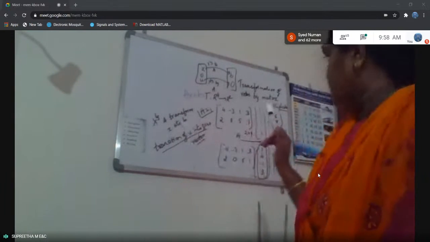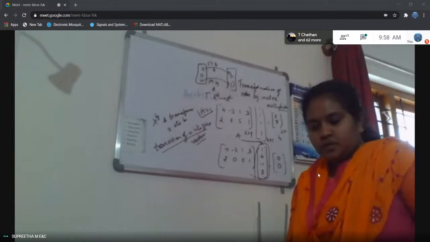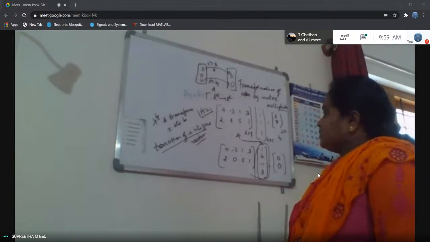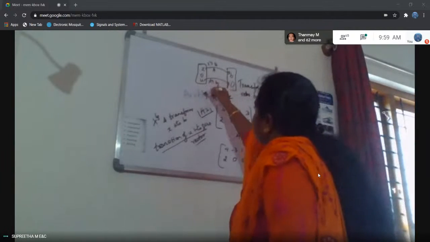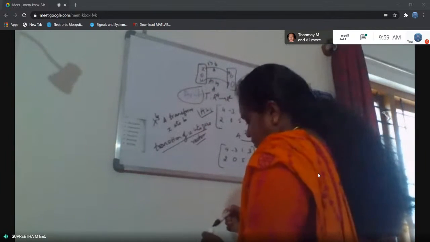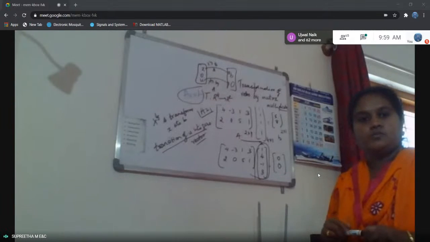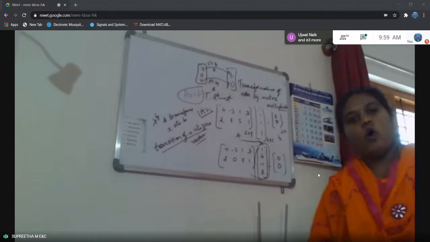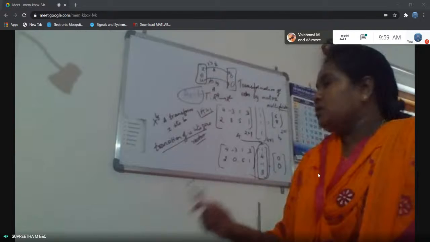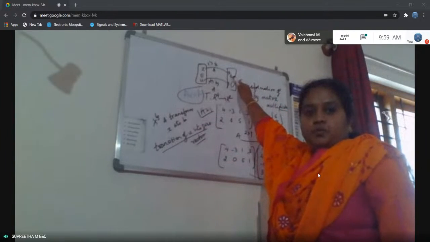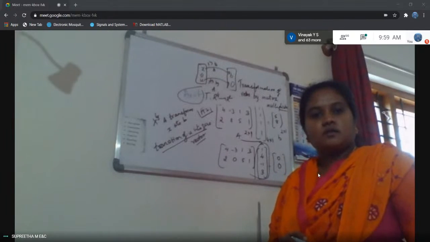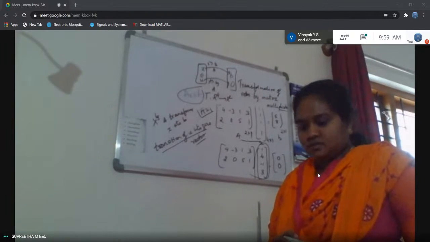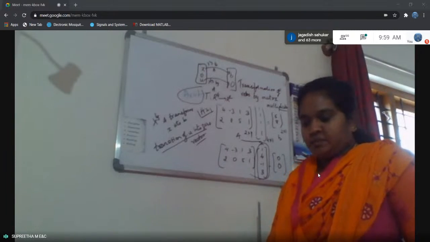Domain. Okay, now I can say the solution to this system of equations Ax is equal to b is all those vectors x which can be transformed to be in the range. Are you understanding my statement? Fine.